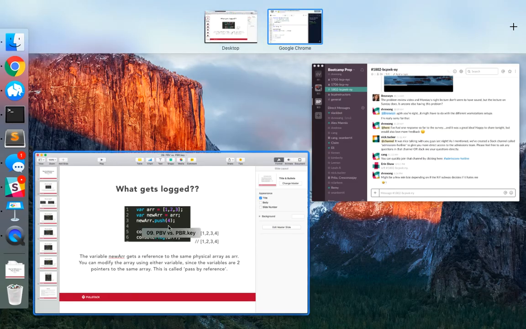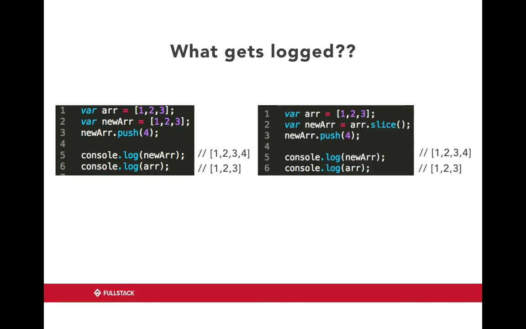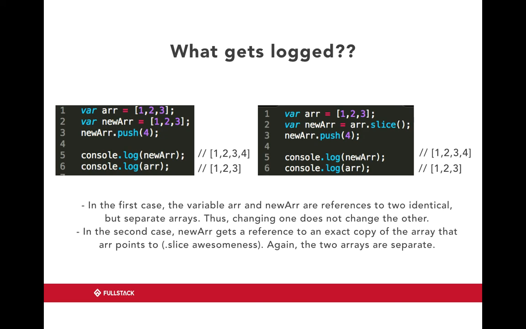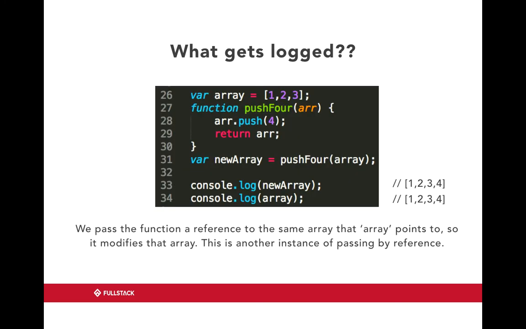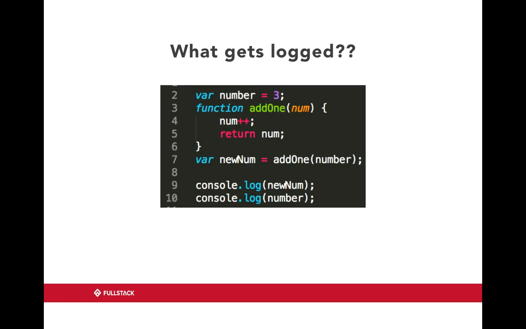So I'll finish up the slides, but I think this is pretty much the heart of the lecture. When it comes to an object, if I pass it back and forth, I'm passing the actual thing, unless I make a copy of it with .slice or something similar. This shows the object works the same way as an array.